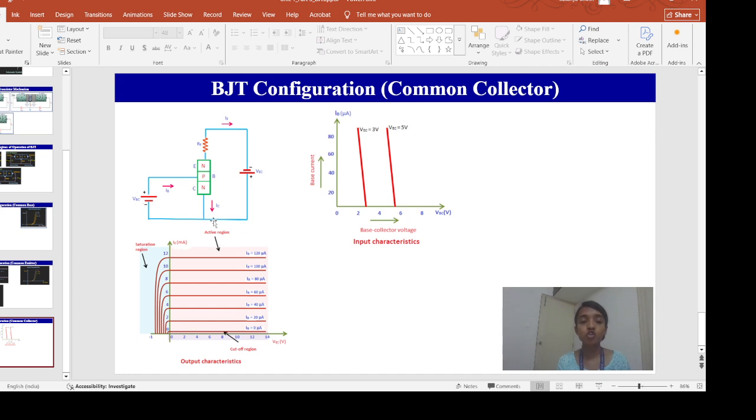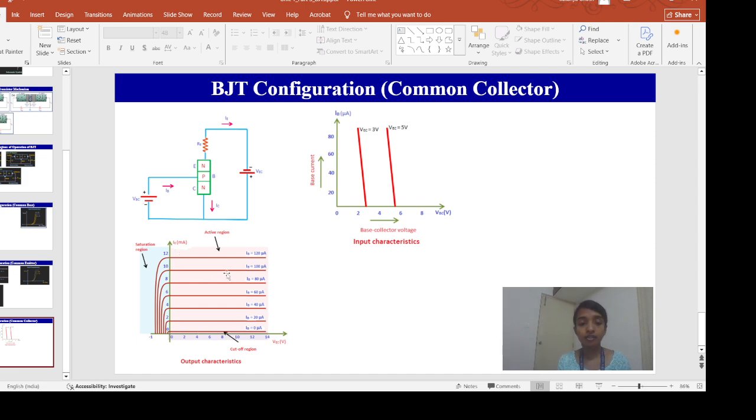Now if I want to draw the output characteristics, that means output current versus output voltage for different values of input current. What is my output current? IE, which is in milliamps, and we have already seen the reason why. What is my output voltage here? It is my VEC. And what is my input current? IB. So you can see as we keep on increasing VEC and IB, your IE is increasing.